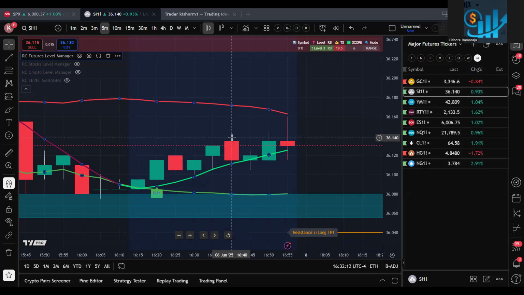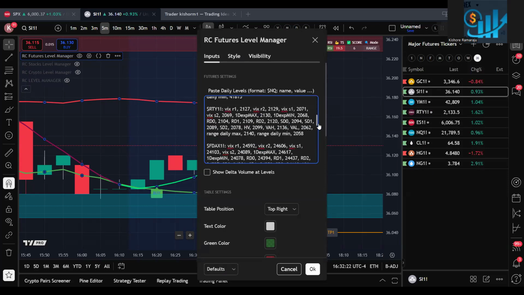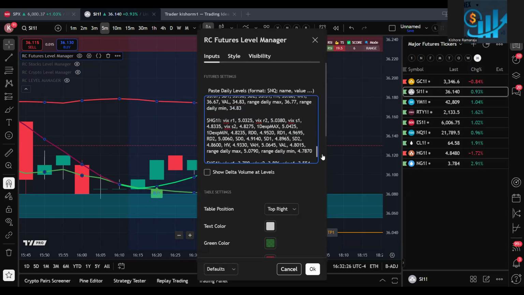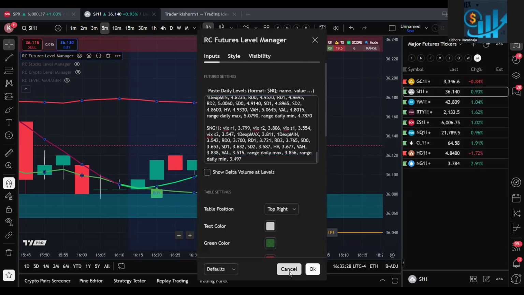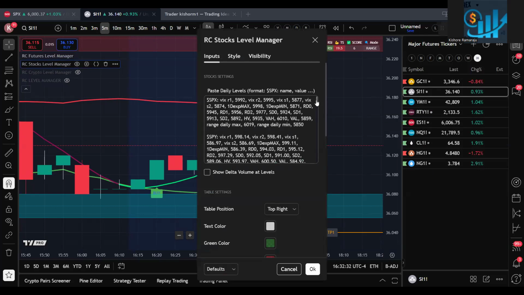Right. So your futures level manager will give the levels for all these major tickers, like NQ, ES, and then YM, RTY, crude oil, gold, silver, copper, natural gas. Whereas with your stocks level manager, you will get all the majors, right? Because you need liquidity. For the levels to work, you need liquidity.